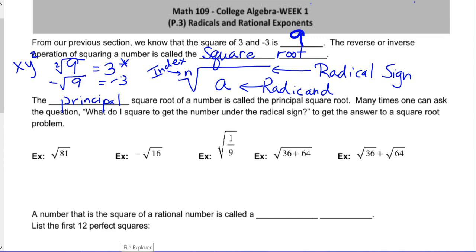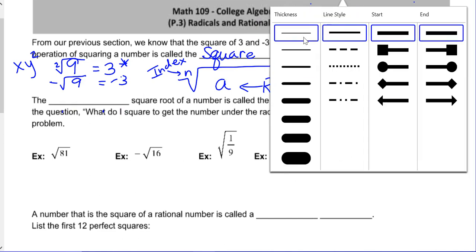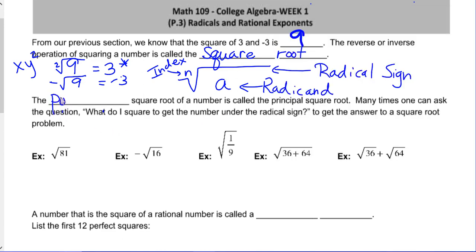Sorry, I messed up, not the principal, but the positive square root; it's called the principal square root. Many times one can ask the question, what do I square to get the number underneath the radical sign to get the answer to a square root problem?